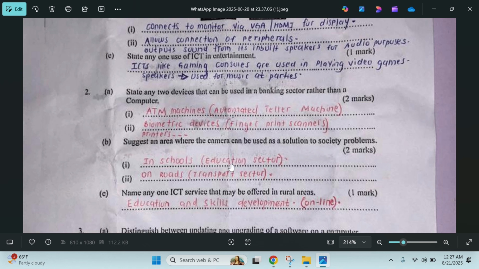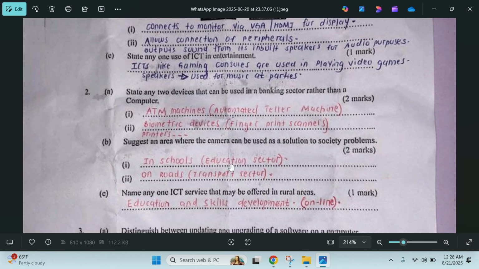Part C: name any one ICT service that may be offered in rural areas, or in village areas, or in remote areas. So education and skills development, that is online learning, can be offered in rural areas. It's an ICT service that can be offered in rural areas.